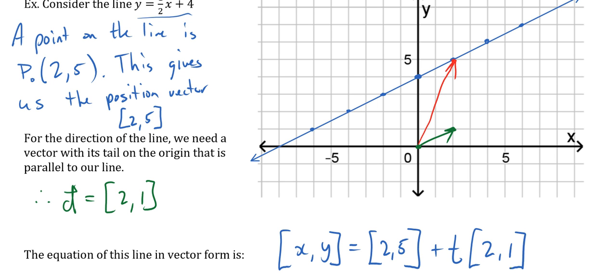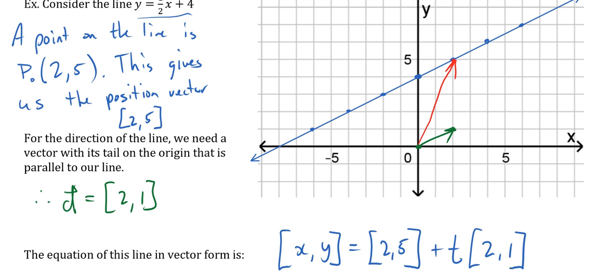So that's the vector form of the equation of a straight line. So t is a scalar. And if you think about it, this equation makes a lot of sense. And you see why any point would work, because I can make t anything I want.